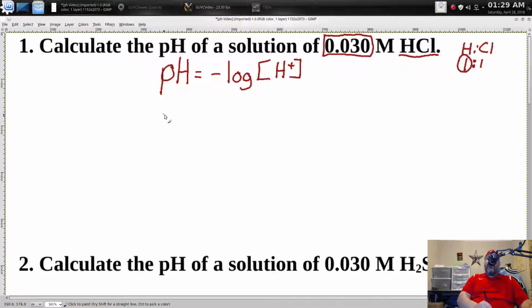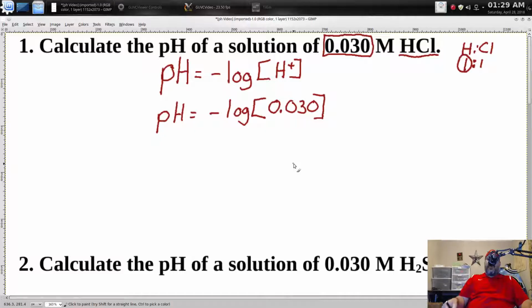So all we have to do is write down pH equals the negative log of the hydrogen ion concentration. Since it's 1, it's just this number. So we're going to write inside the brackets for H plus 0.030, and we'll go ahead and close that in brackets.